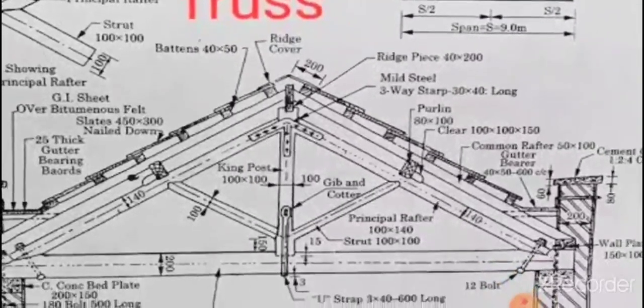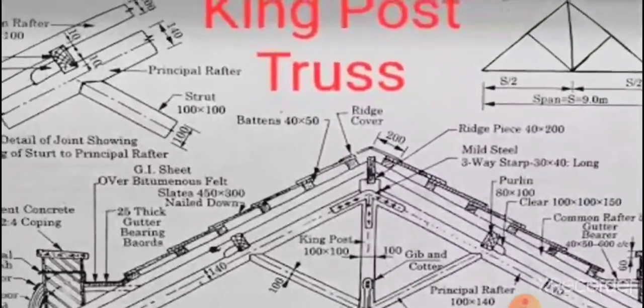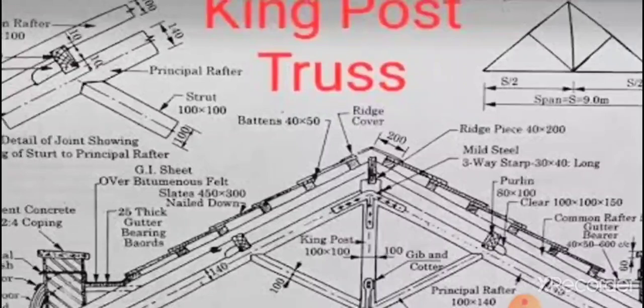Okay. Above the purlin, there is the common rafter. I have already told you about the common rafter. It is 50 by 100. The breadth is 100 and inside thickness is 50. Above the common rafter, there are battens of 40 by 50. You don't need to draw the battens as 40 by 50, you just draw the battens as 40 by 40.